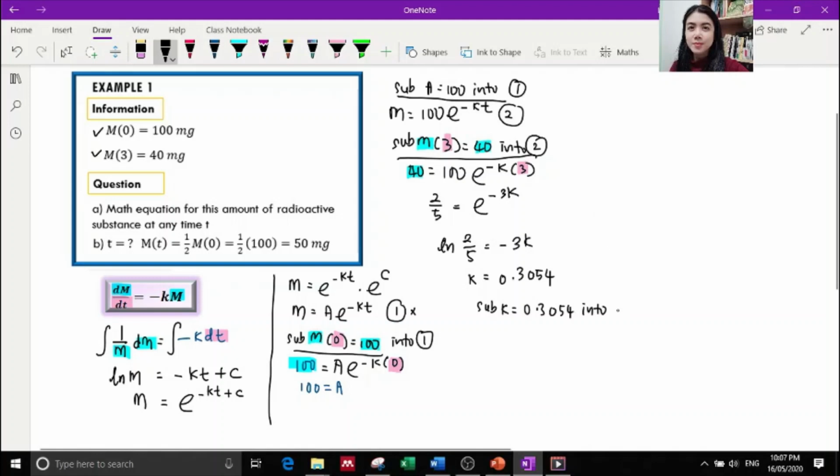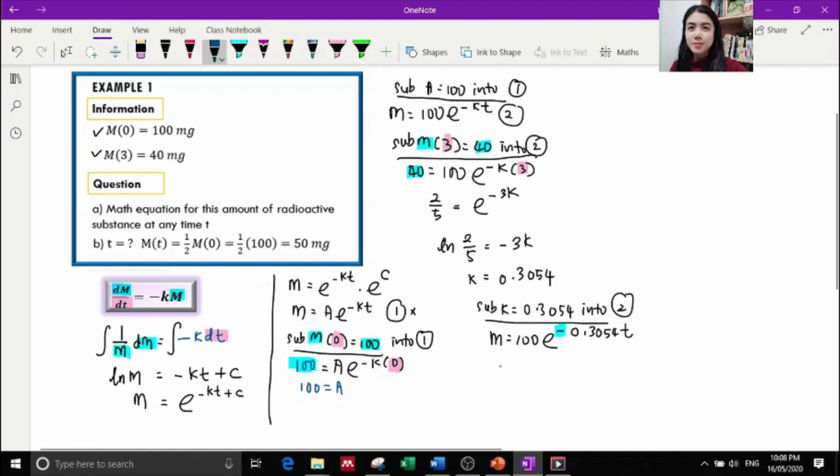Then your m is equal to 100 e to the negative 0.3054 t. Do not forget to write the negative. This is regarding radioactive decay, so we must have the negative in the mathematical equation.